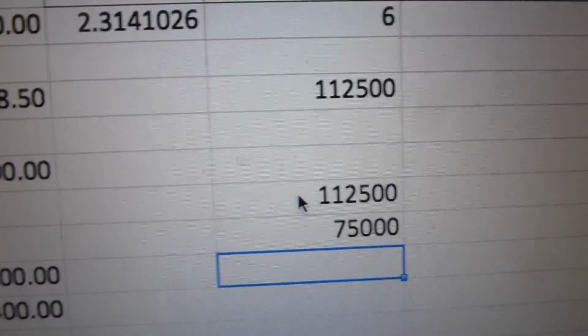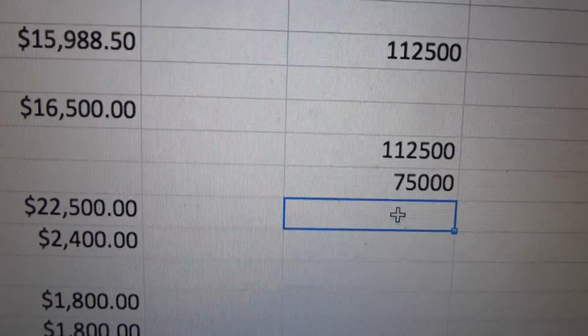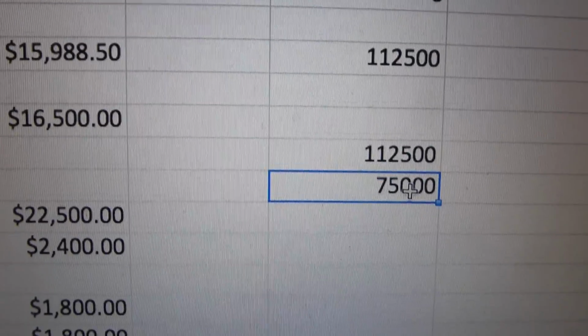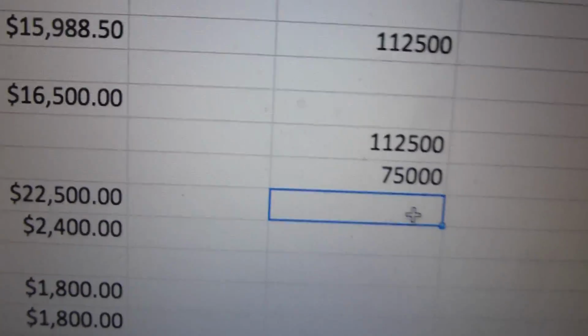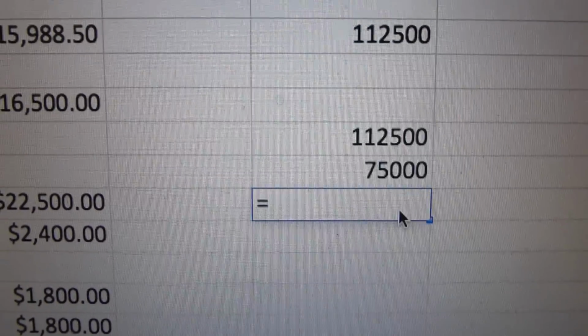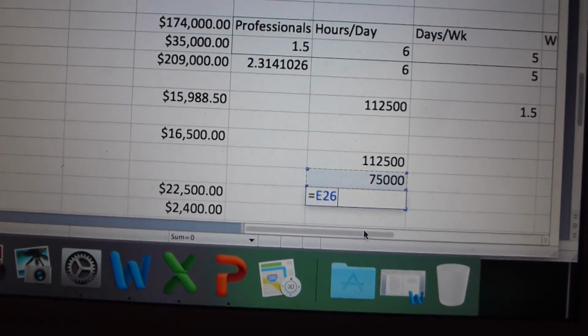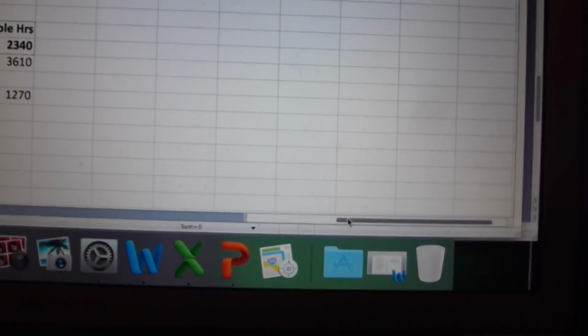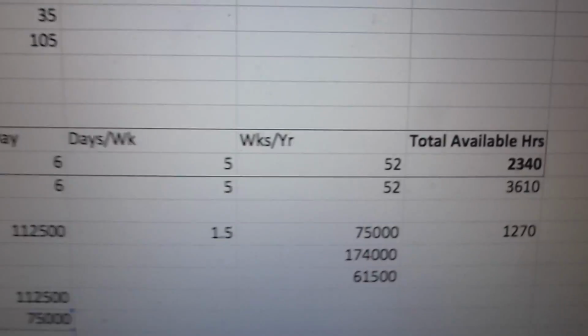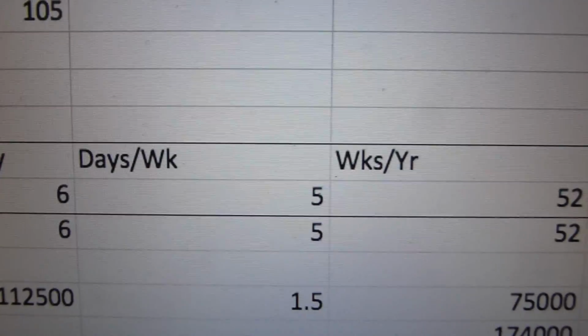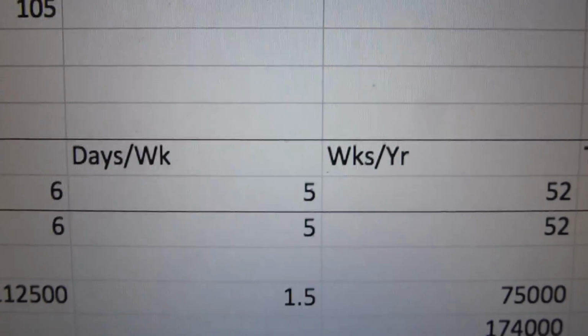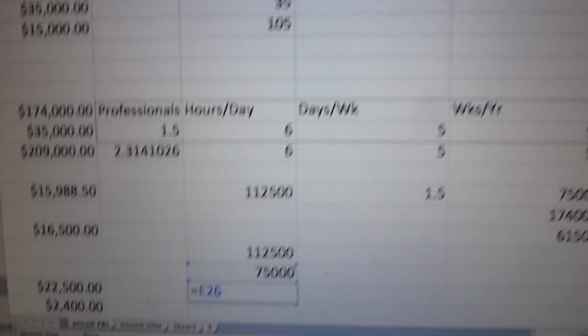The $75,000 we talked about before. Now, that's great and all. That's $75,000 a year. If you look back up here, we know we're going to be working 52 weeks, 5 days a week, but instead of 6, we're going to be working 8 hours.